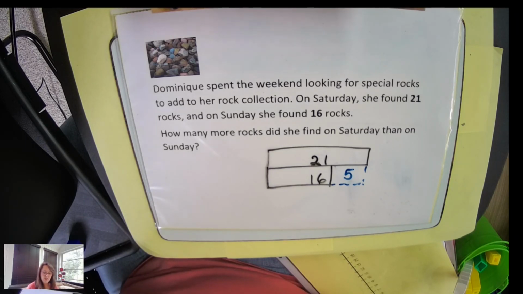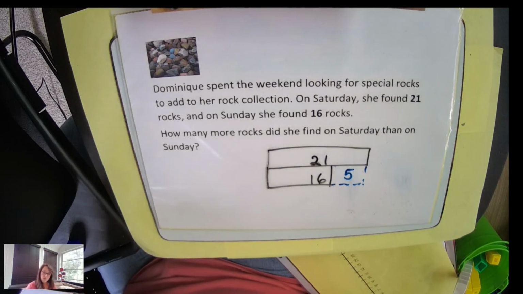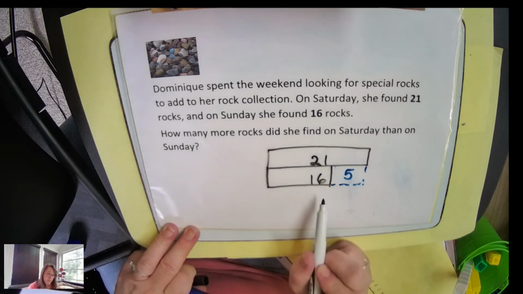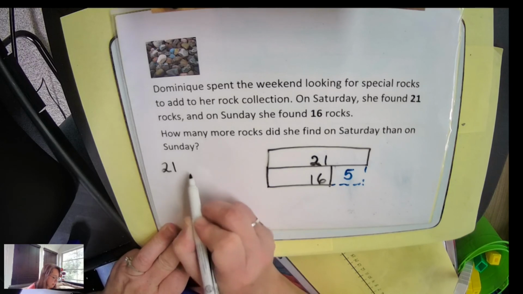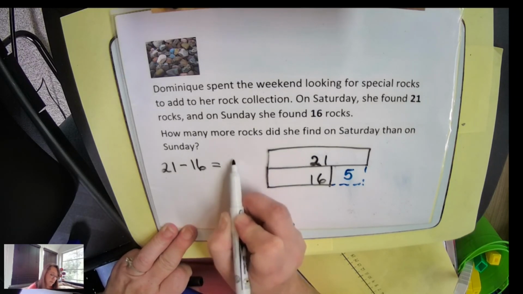I see a lot of us are agreeing. Daniel, can you explain to us the strategy that you were using to find the answer 5? Okay, so Daniel says the equation here is 21 minus 16 equals 5.